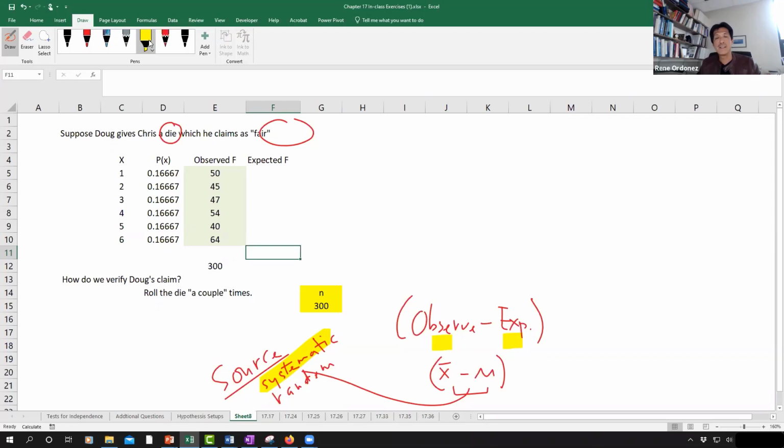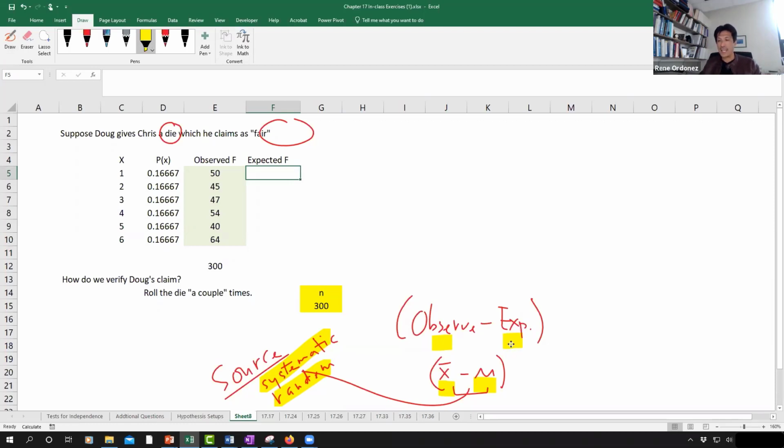On the other hand, if the null hypothesis is not rejected, what we are saying is that the difference we are observing between X bar, or P, in comparison to the parameter of interest, the source is mainly random, meaning there's really nothing to explain. It just happens because of the randomness of the experiment. Okay? So going back here.